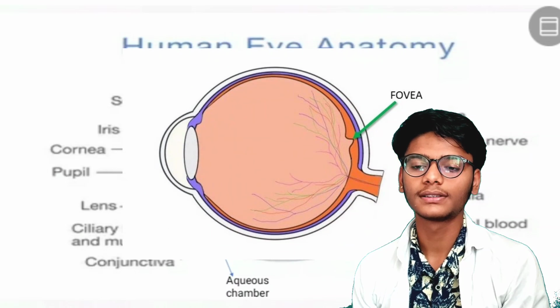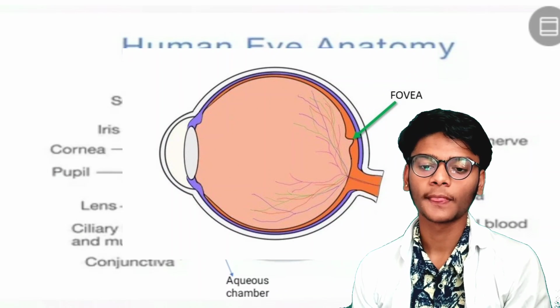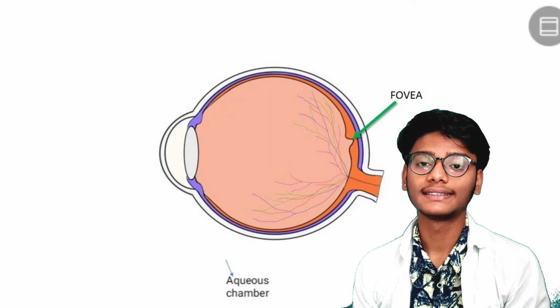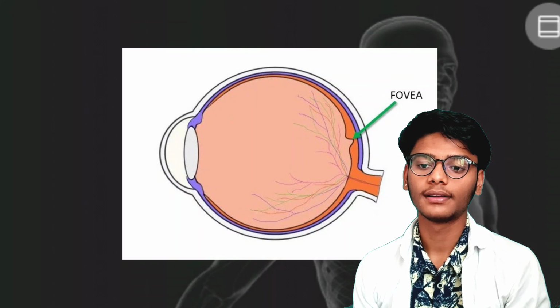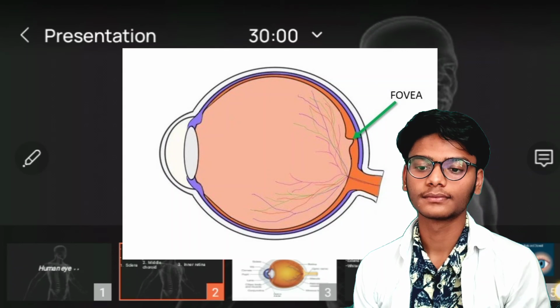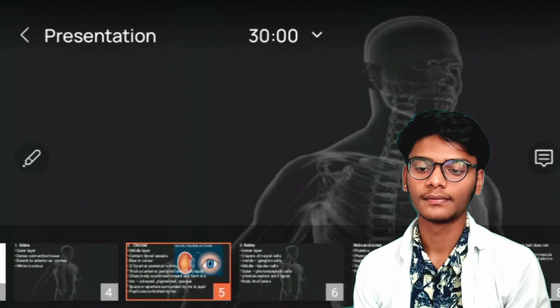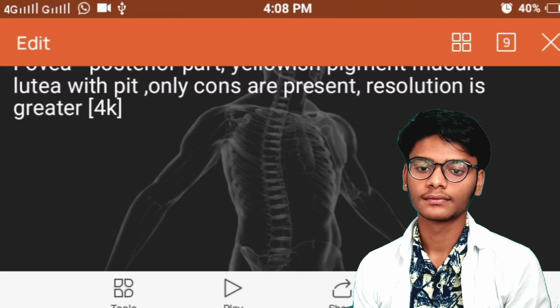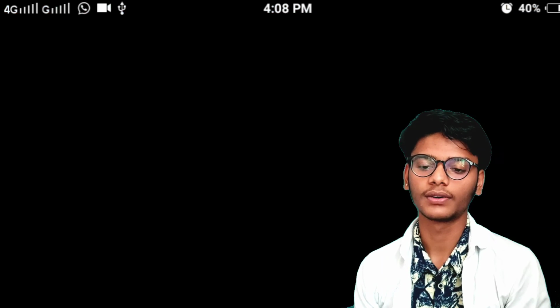Here you can see this is the fovea, where there is a depression or a pit, and it gives high resolution.